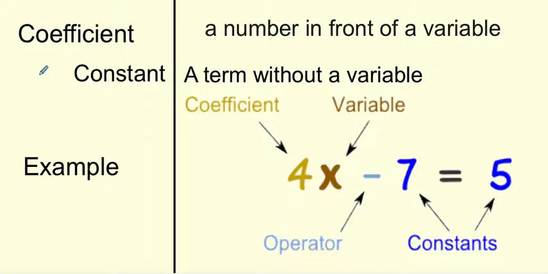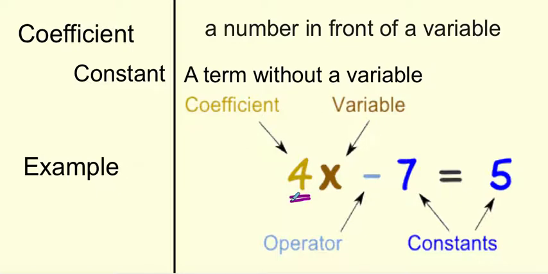The next few examples we have are coefficient and constant. A coefficient is very simply the number in front of a variable, and a constant is the term without a variable. When I look at these examples down below, I know that the coefficient is the number in front of the variable. In this example, my coefficient is just the 4.